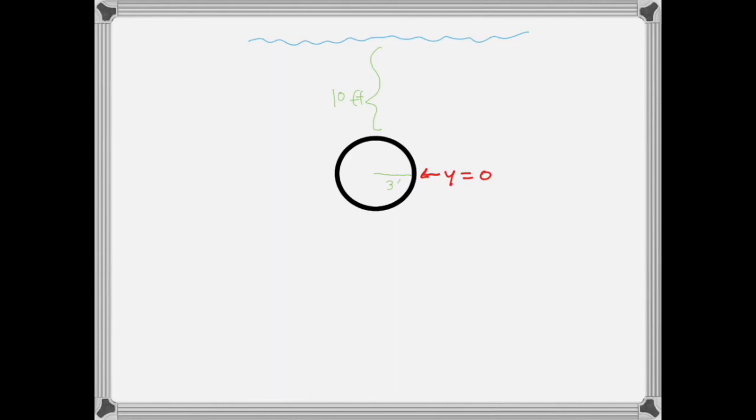It doesn't really matter which way is positive, so I'm going to say that down is positive, but it's actually not going to matter when you do this problem, okay?